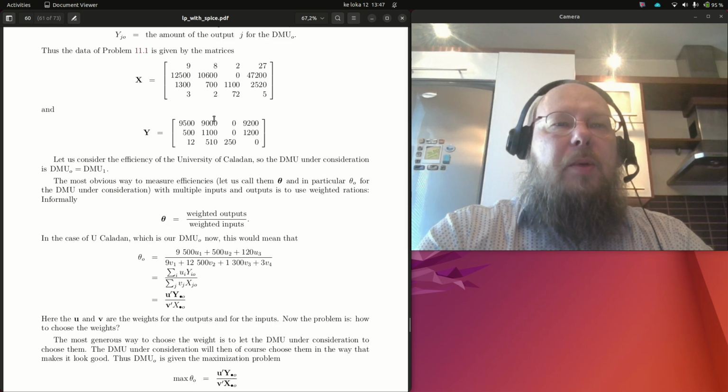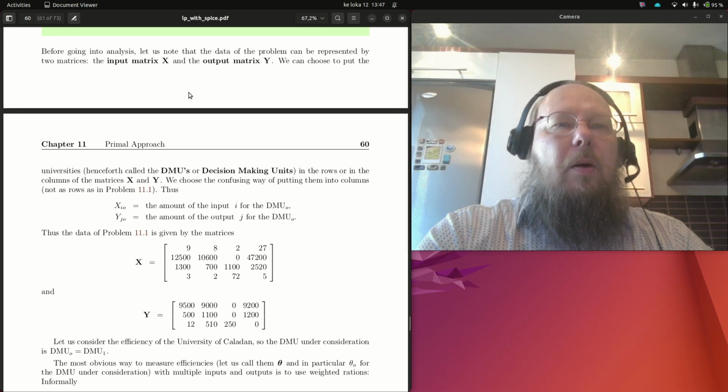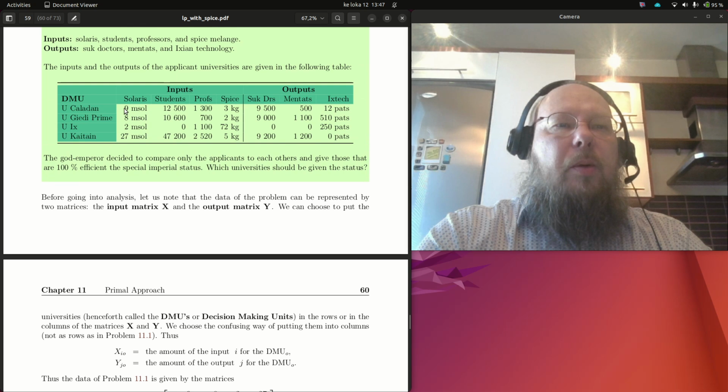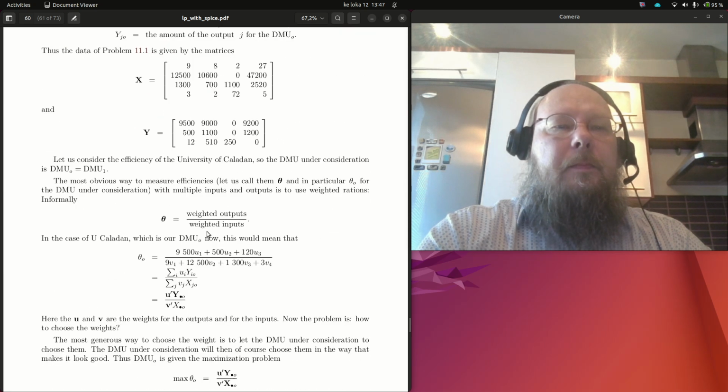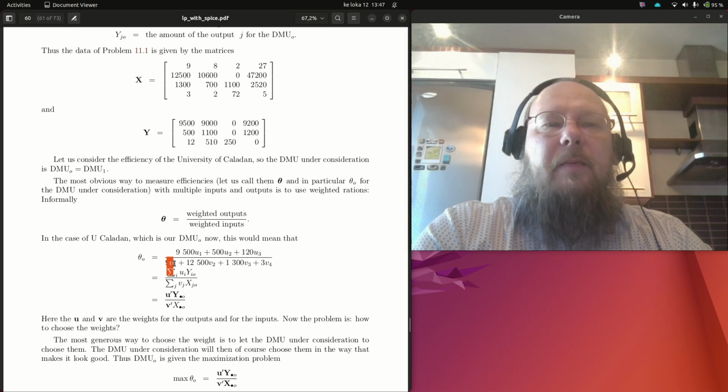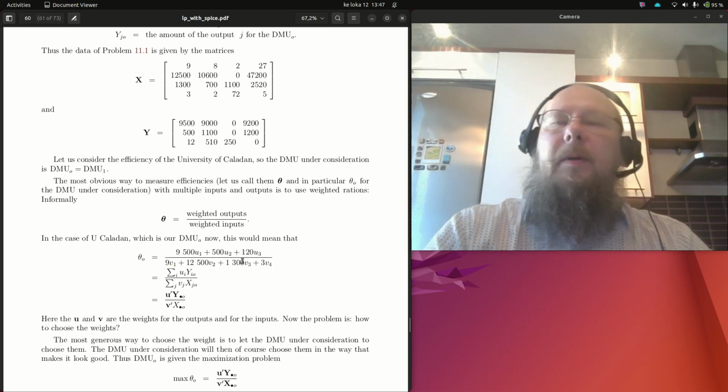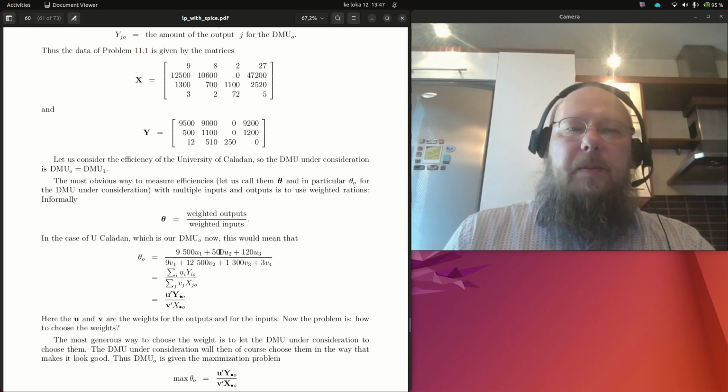So what are the inputs? Inputs are the first column here with the X, or the first row here. So 9, 12,500, 1,303. And then there are the weights V1, V2, V3, and V4 for the inputs.